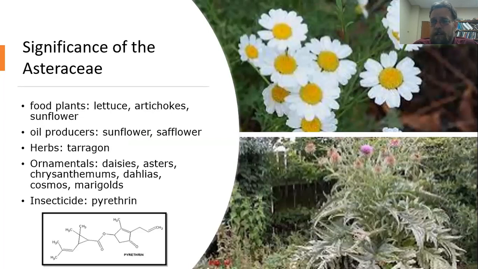Lettuce would be a good example. Artichoke is another really good one, as is sunflower. Sunflower is significant because not only do we use it as an ornamental plant, but also as a food plant and an oil plant. So certainly a very broad use plant for the landscape and commercially.